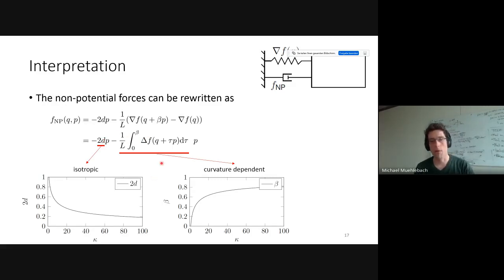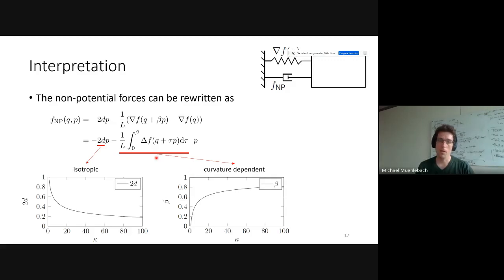So let's remember how these were chosen in this Nesterov algorithm. If kappa is close to 1, so we have a very well-conditioned problem, then 2d is close to 1, and so the emphasis lies on this isotropic damping term, which makes a lot of sense, because if kappa is close to 1, we have level sets of the function f which are very round, and so there's no need of introducing a damping term that varies with the local curvature.